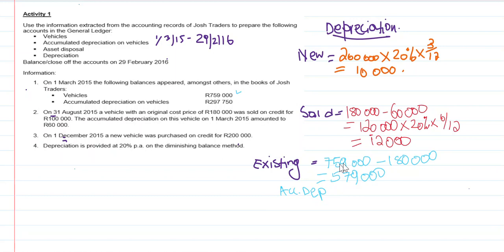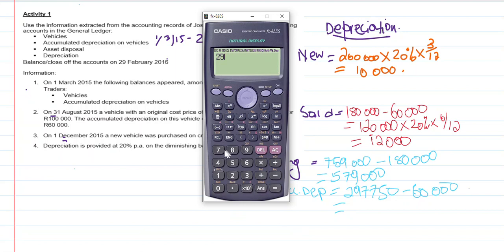We have 297,750, and we want to know how much is left after deducting the sold one, so minus 60,000 rand.